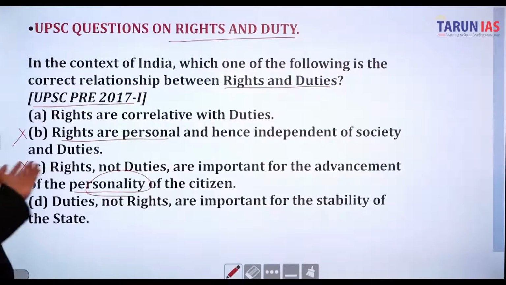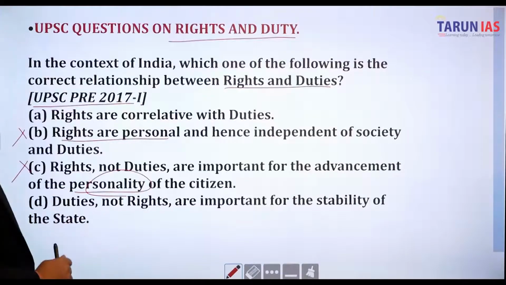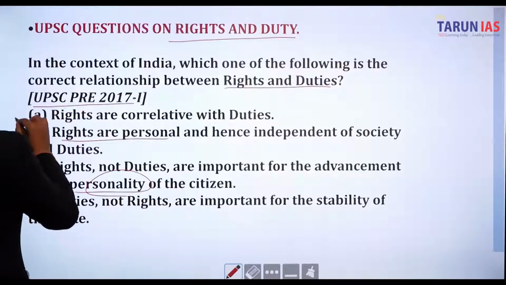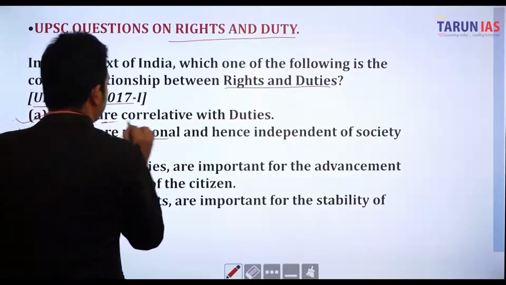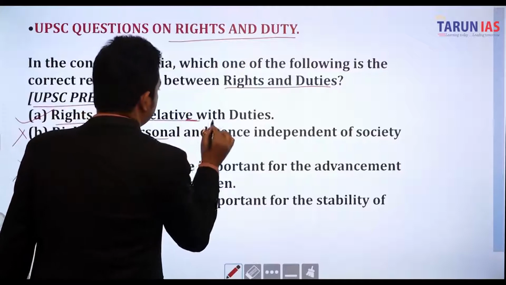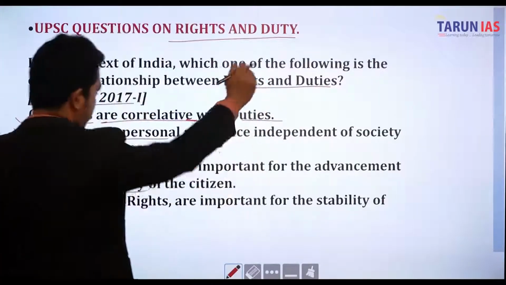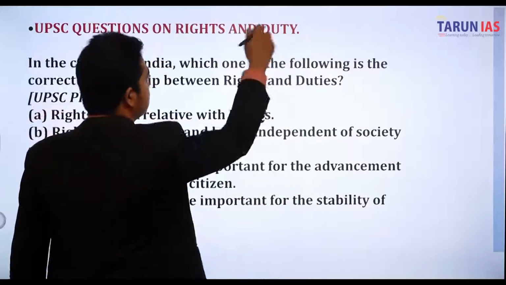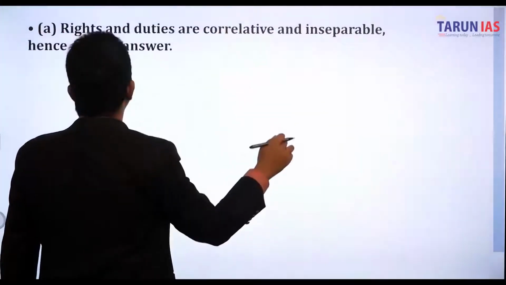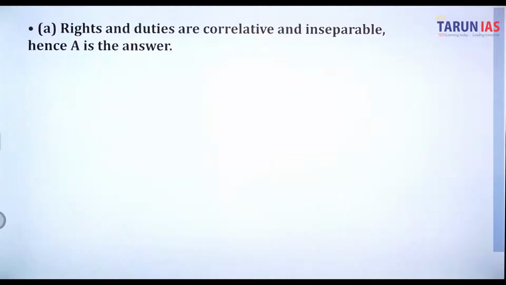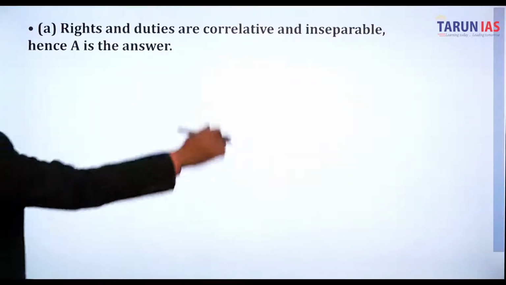No, duties and rights are both correlatives. So option A is the suitable one. I have already mentioned this in the article. Rights and duties are correlative and inseparable, hence A is the answer.